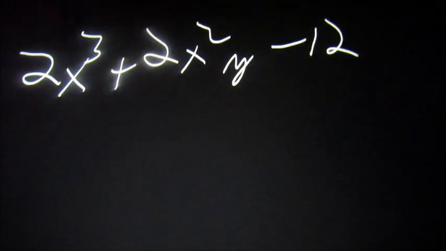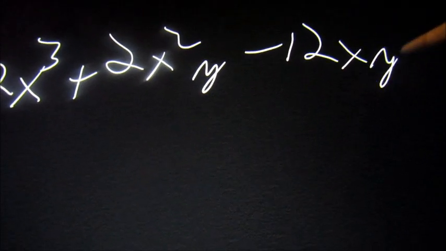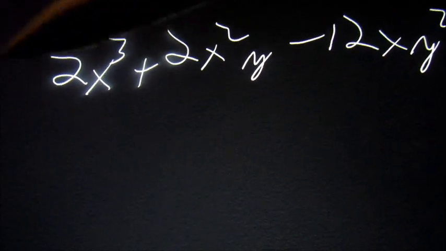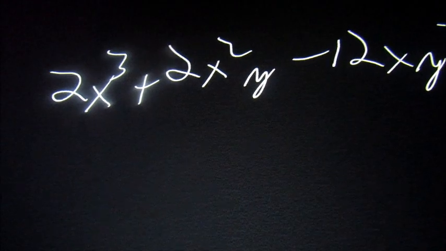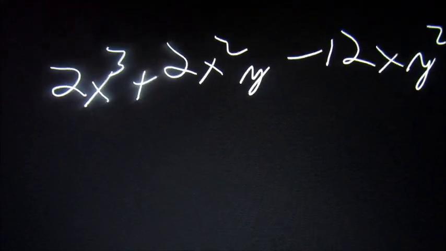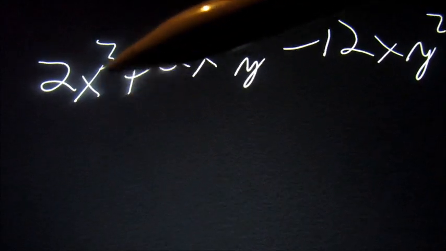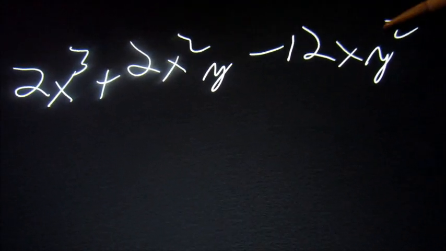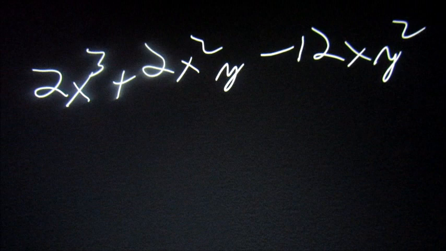Next, let's say we have 2x to the 3 plus 2x squared y minus 12xy squared. I can factor out a 2 of all these, and as far as the letters go, there's no y in the first term, so I can't do anything with the y's. But I have an x to the 3, x squared, and just x, so I can factor out the x.